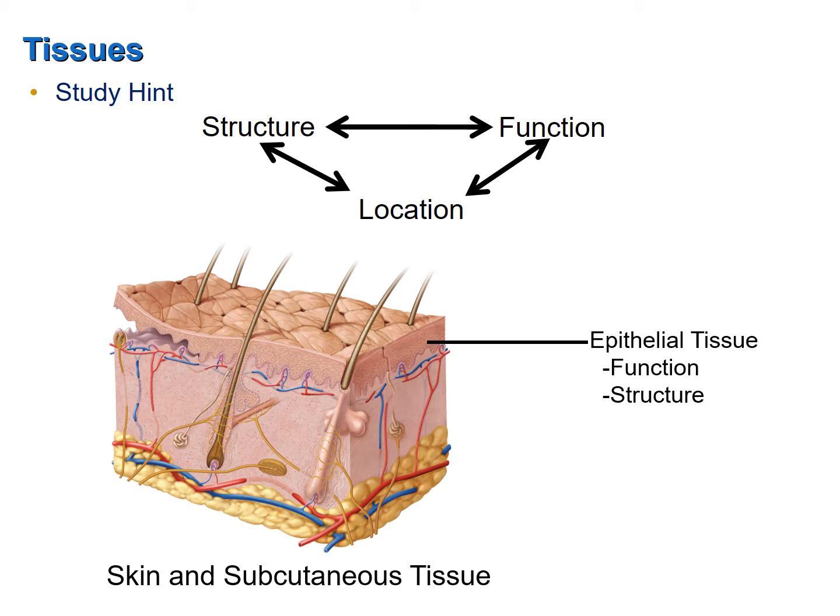Just by knowing the location of stratified squamous epithelia, what do you think its function is? If you said protection, you are correct. When you view this tissue under the microscope or from a picture in your book, think about how its structure reflects its role in protecting deeper tissues.